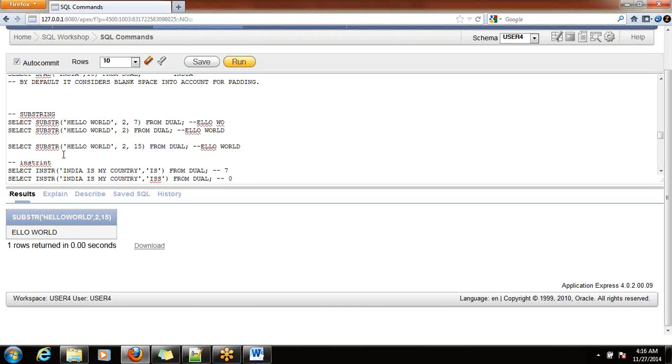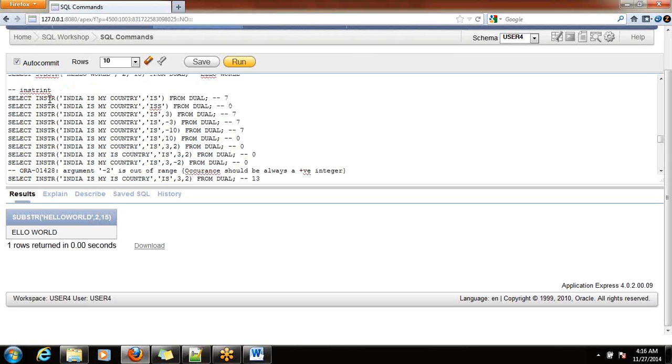And here, like a substring, we have instring. Observe carefully. Instring has the first argument as the actual string, and the second argument we supplied a word over there, I mean another piece of string. I am going to find, is the second argument string present in the first argument string?